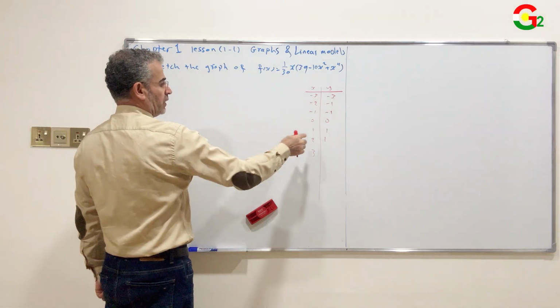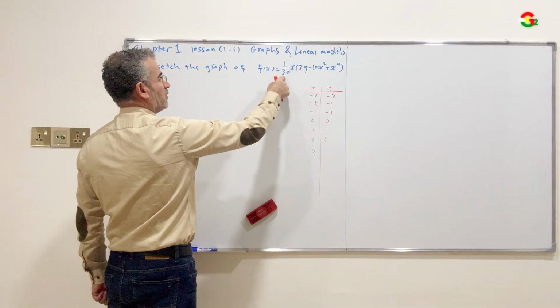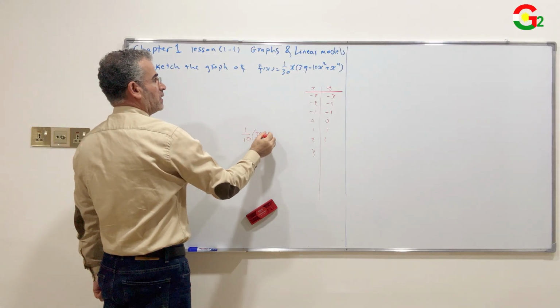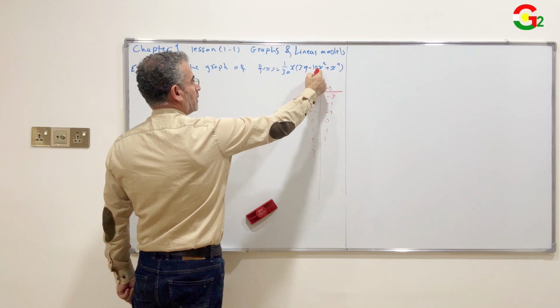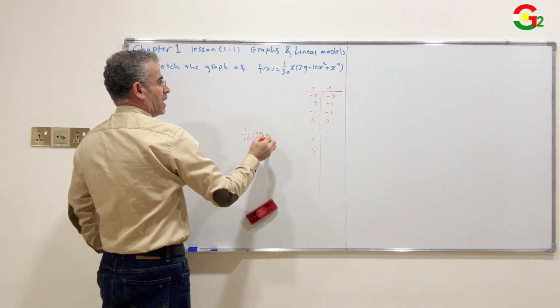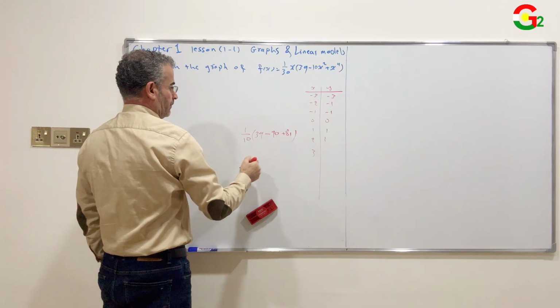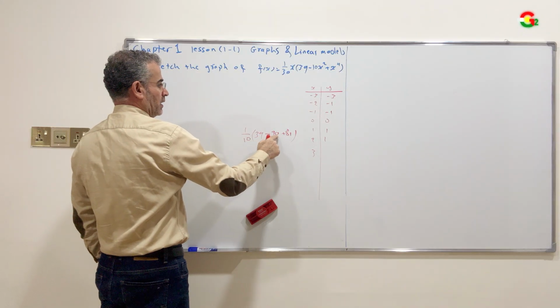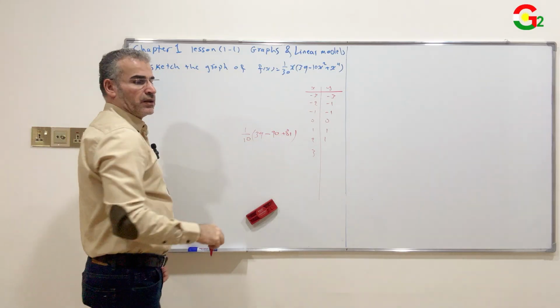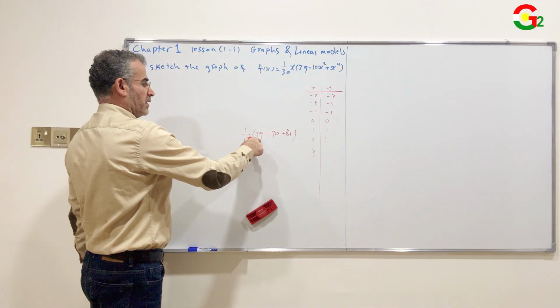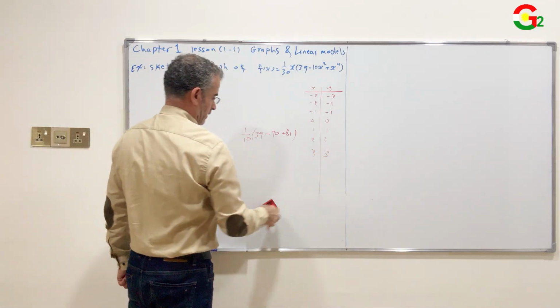And when x equals 3, 3 over 30, 1 over 10, 39 minus 10 times 9, 90, plus 81. Minus 90 plus 81, negative 9, plus 39, 30 over 10, 3.